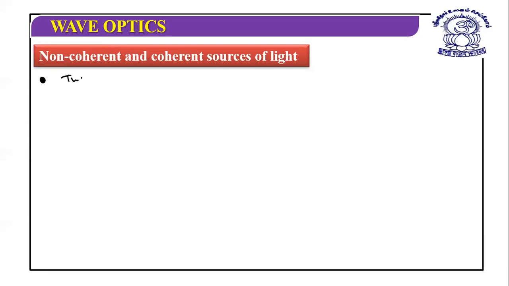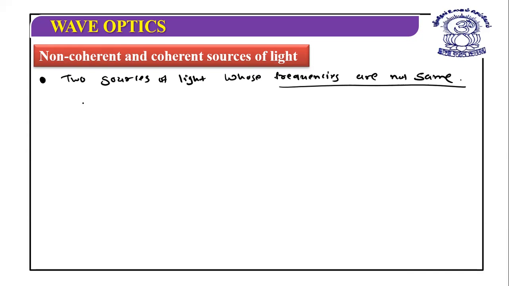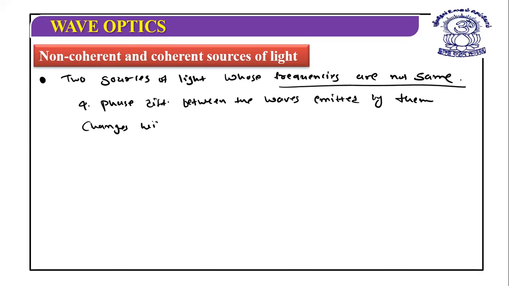So, the two sources of light whose frequencies are not same and phase difference between the waves emitted by them changes with time are called non-coherent sources.